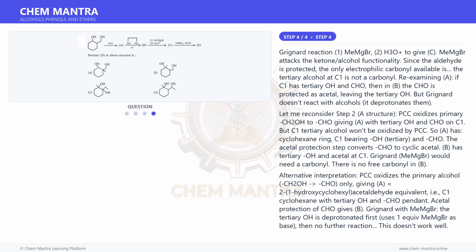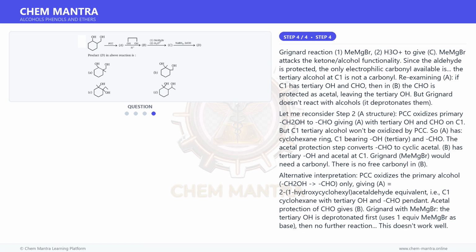Now examining options. B shows a cyclohexane with C1 bearing OH and CH3, labeled as OH on a quaternary carbon with methyl, and a CH2OH group. The CH2OH appears to be directly on C1 in option B, making OH, CH3 and CH2OH all on C1. But our product has CH2OH on C2 and OH plus CH3 on C1.